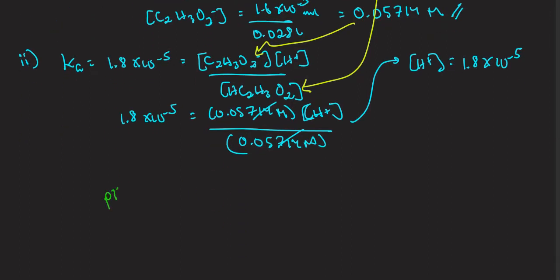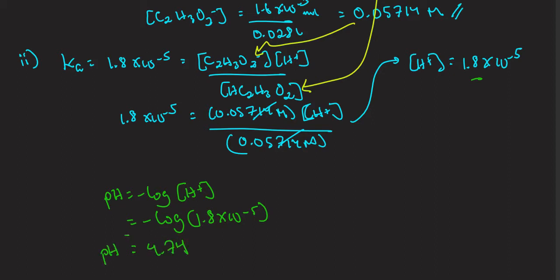Okay, so pH we know is the negative log of the concentration of your hydrogen ions, or hydronium, of course. So negative log, we now have this concentration. See, it's right here. Plug that value in, 1.8 times 10 to the negative 5, and we get 4.74. That is our pH for the second point.